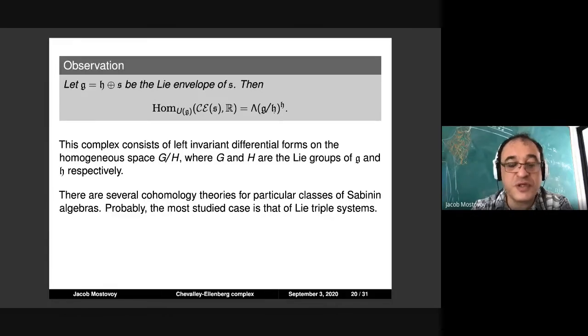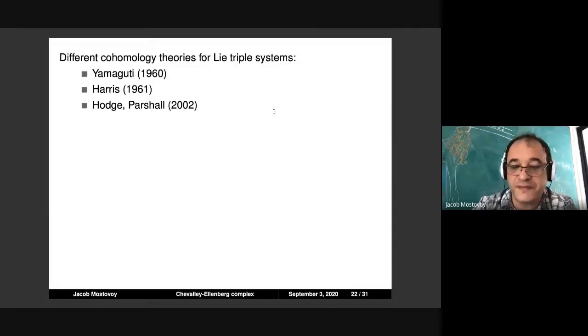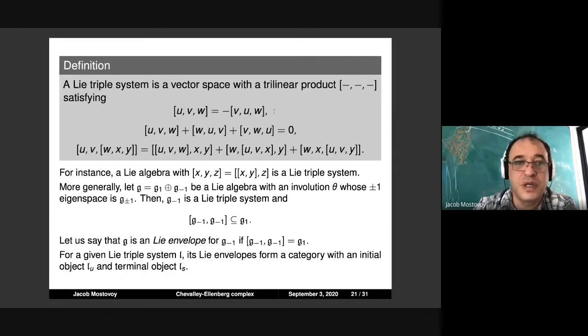Of course, there are cohomology theories already for some particular classes of Sabinin algebras, and Lie triple systems are probably the most interesting game to play because they're relatively easy to study. Let me remind you, a Lie triple system is a vector space with a trilinear product, and this trilinear product generalizes the double bracket on a Lie algebra.